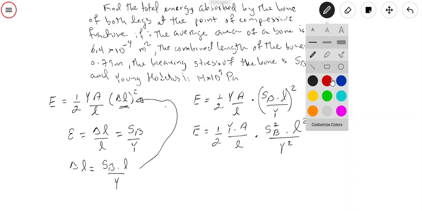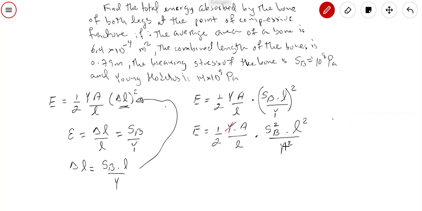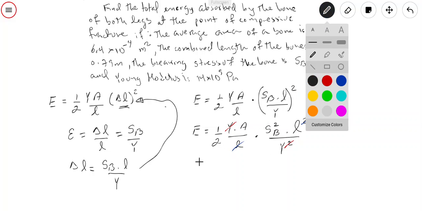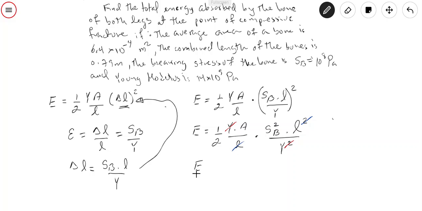If now we simplify this Y over here with one of the Y's that we have in the denominator, and we simplify this L over here with one of the L's that we have in the numerator, we are going to get that the energy absorbed by the bond at the point of compressive fracture would be 1 over 2 times the area times the length times the square of the breaking stress, all this divided by the modulus of Young.